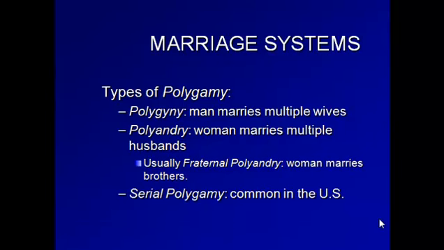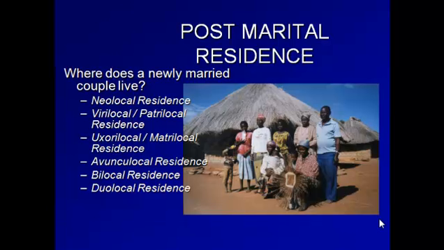Okay, so I'm going to talk briefly about this part of marriage systems called postmarital residence, and you do not need to memorize all of these terms. I will emphasize a few of these terms on this slide that are worth noting.